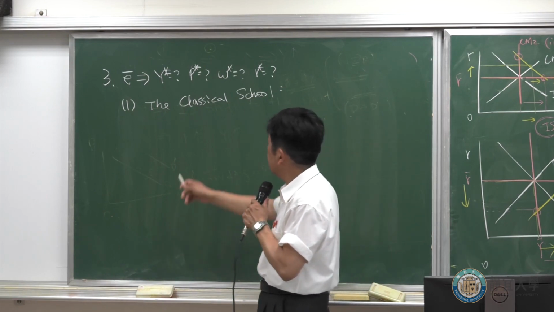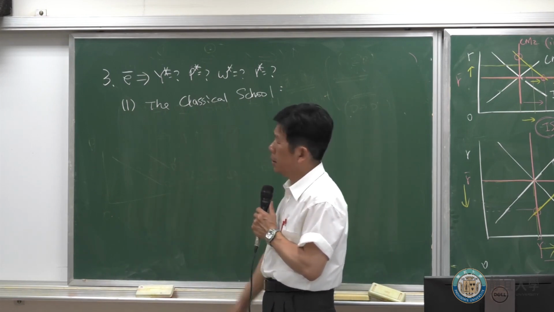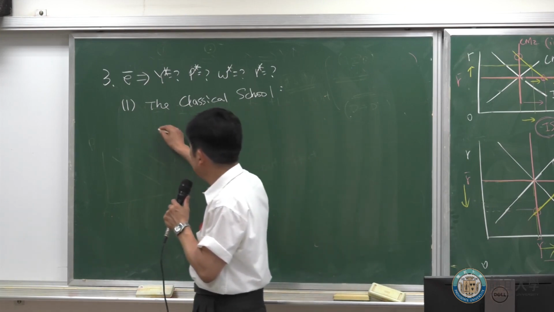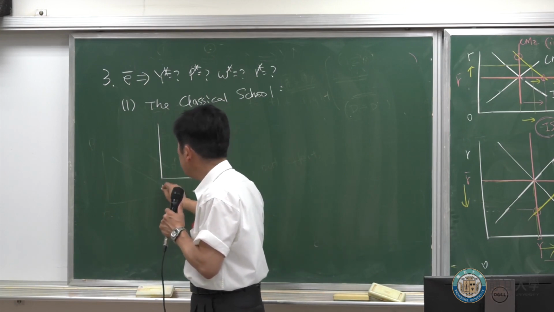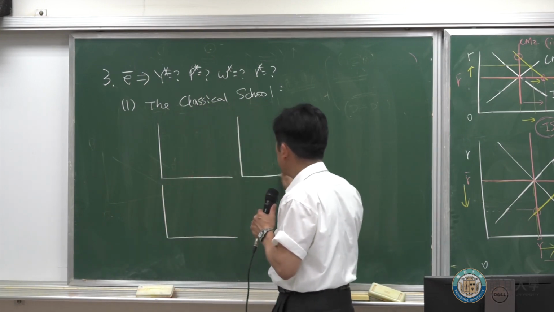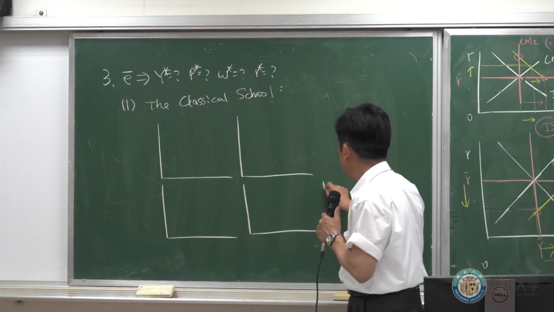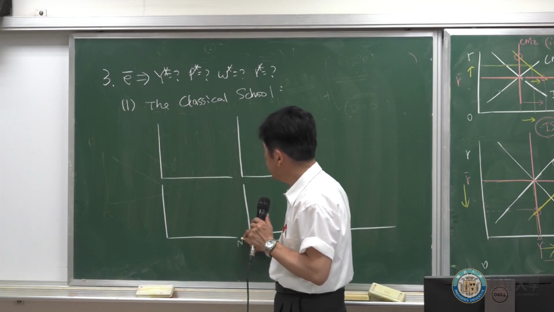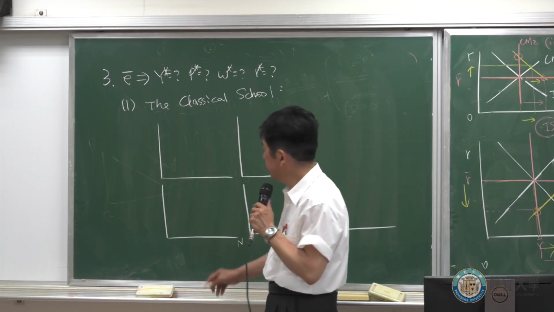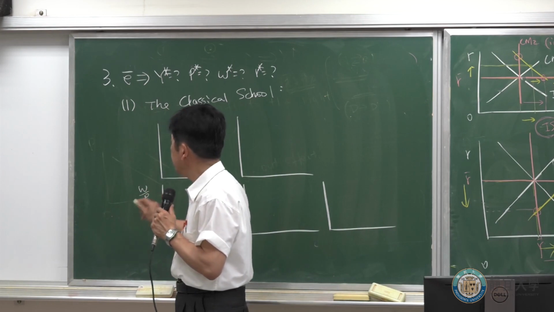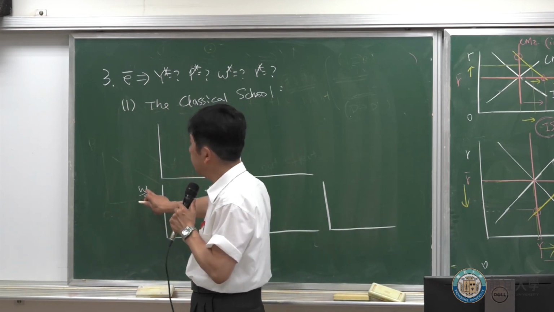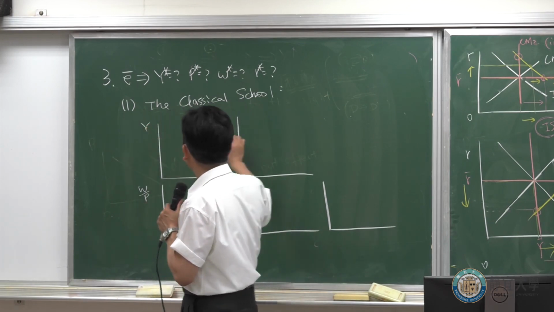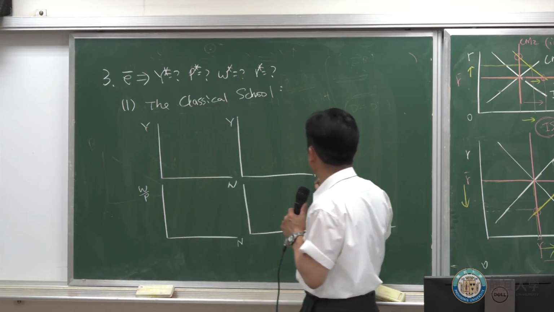So first we just try to see the classical school. You can look at the structure. N represents the labor, and here is the real wage rate, and here is N, and this is Y, and this is Y as well.